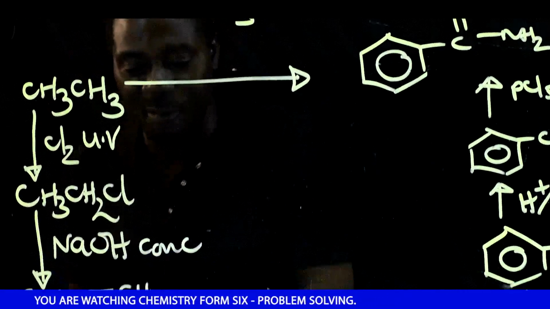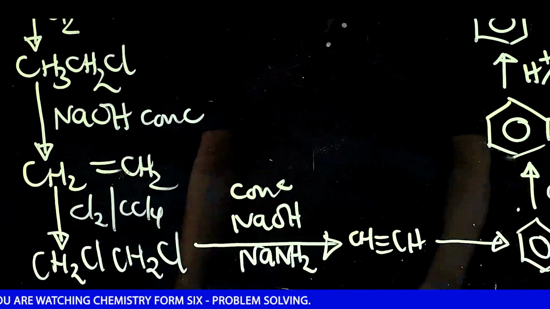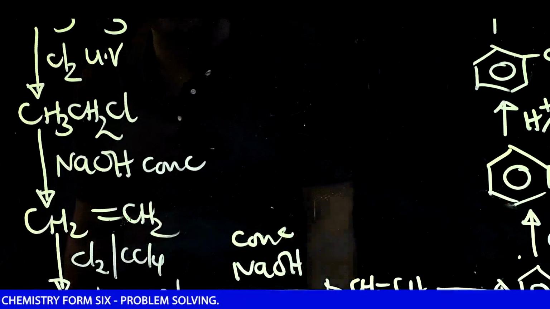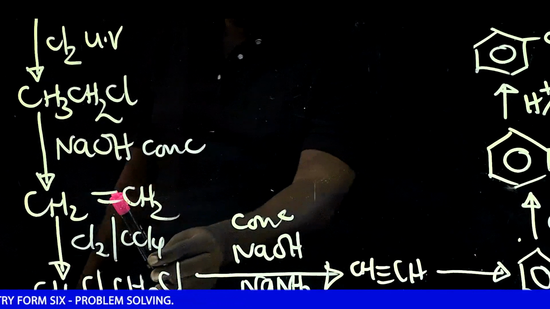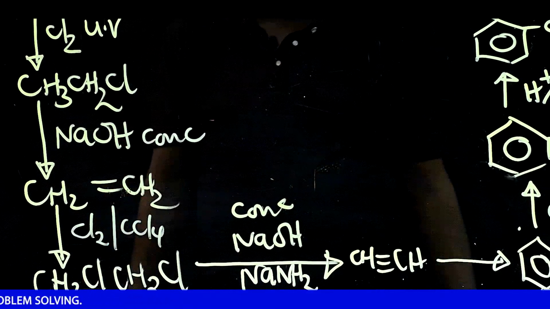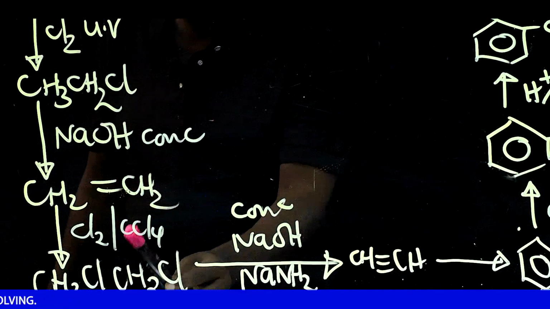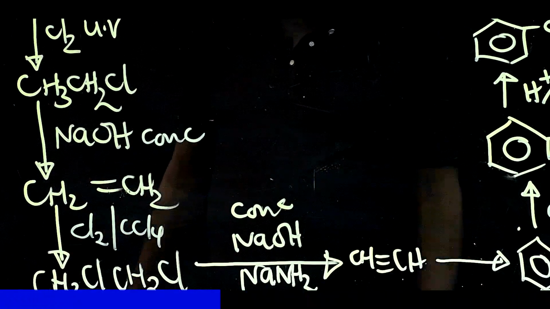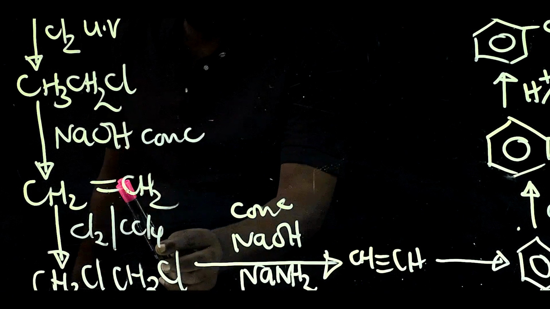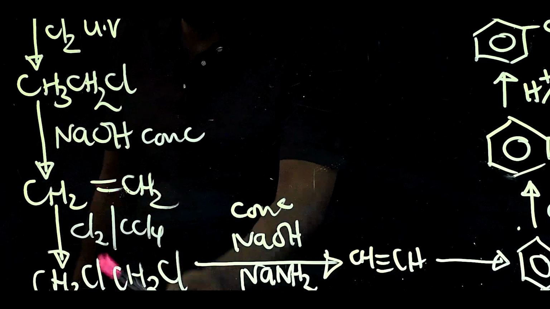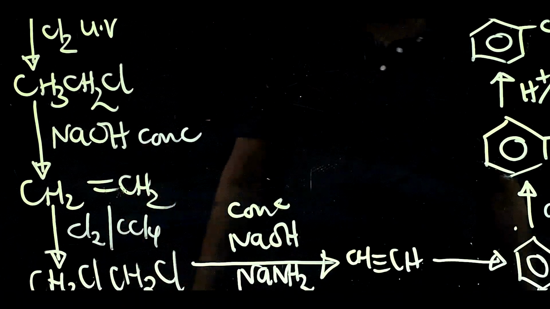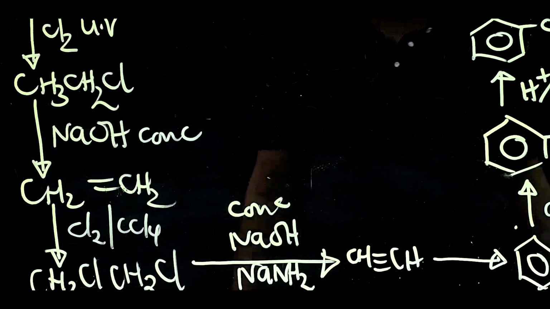In order to convert a double bond into a vinyl compound, remember the chemical properties of alkenes. When an alkene is treated with halogen in the presence of carbon tetrahalide at very low temperature, the double bond splits and allows addition of halogen, which is the formation of a vinyl compound.